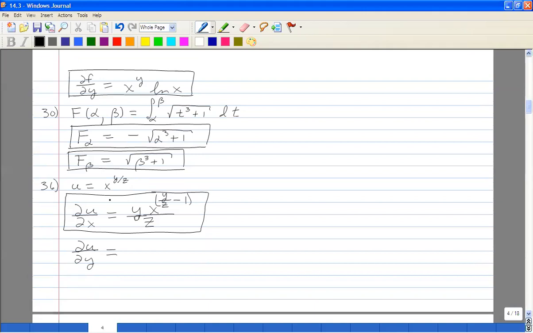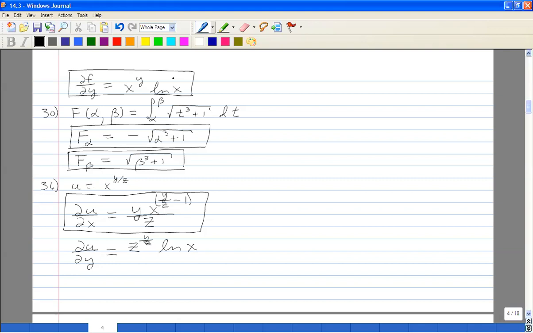And so the derivative of that is going to equal, well, the same thing, x to the y over z times the derivative of the exponent. Well, times ln x. Okay, just like we had before right here.